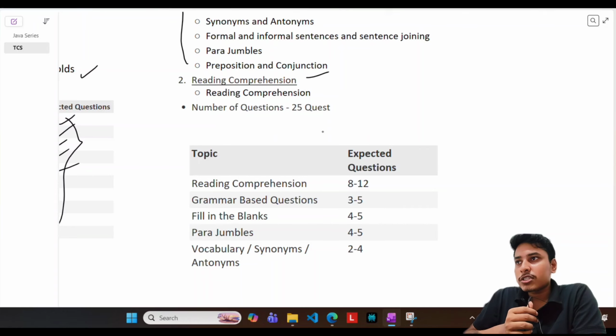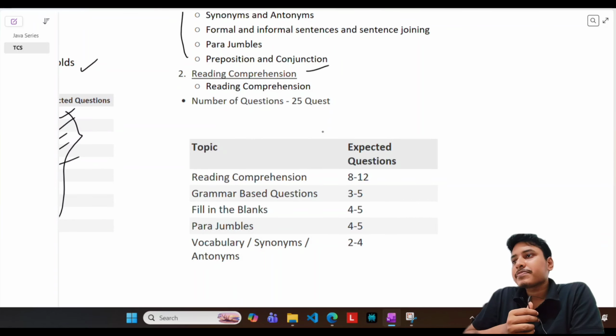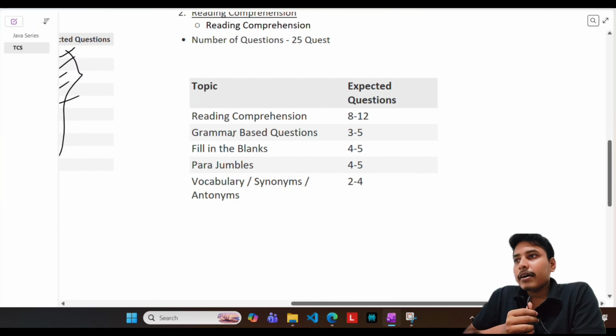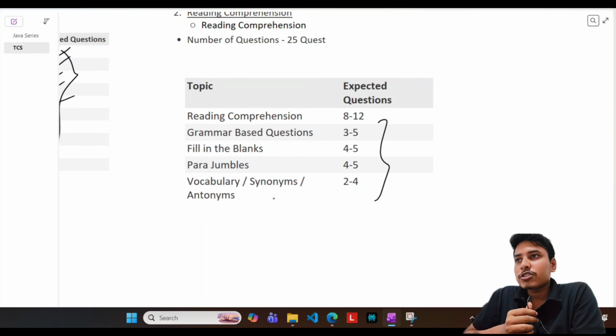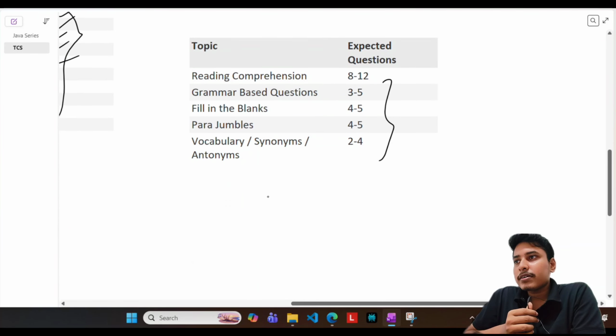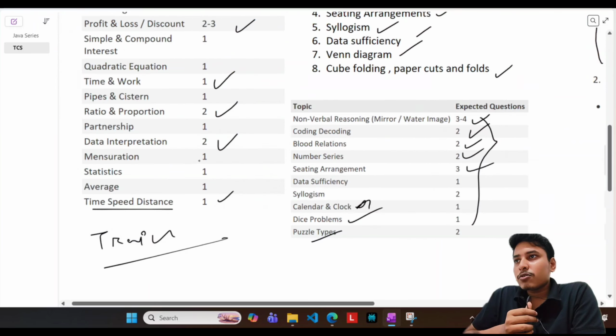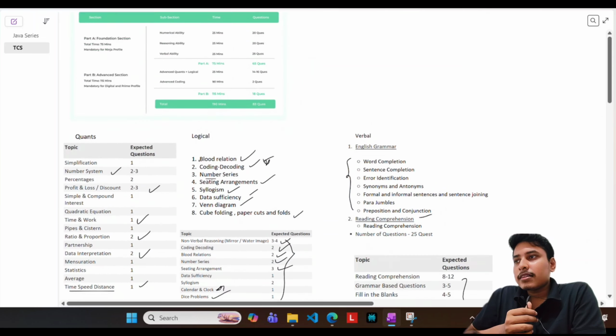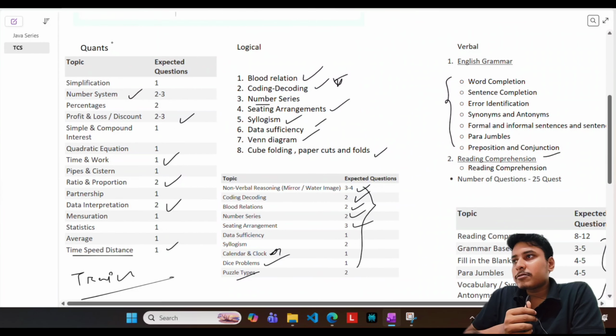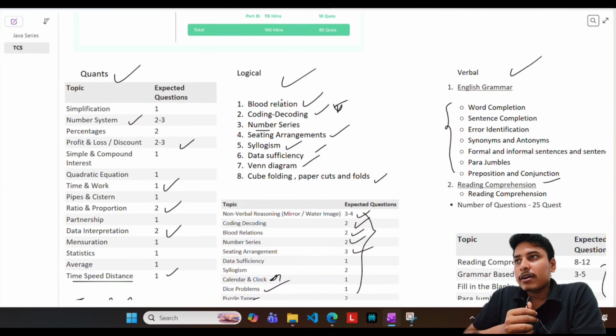You have to answer those questions based on your memory. Then reading comprehension and grammar-based questions, these are the expected questions from this topic. So that's all: this is the quantitative part, this is the logical part, and this is the verbal part.